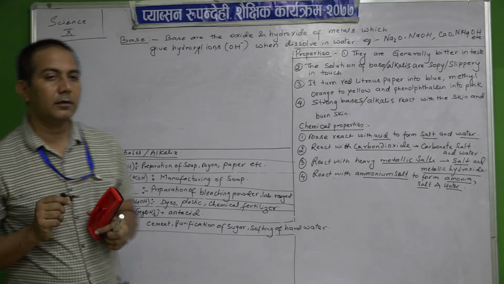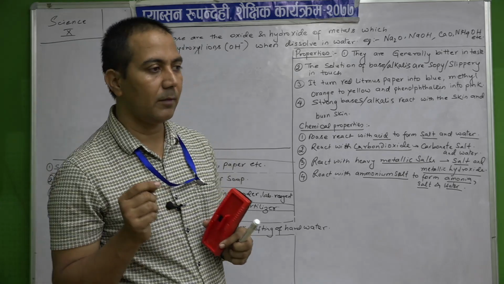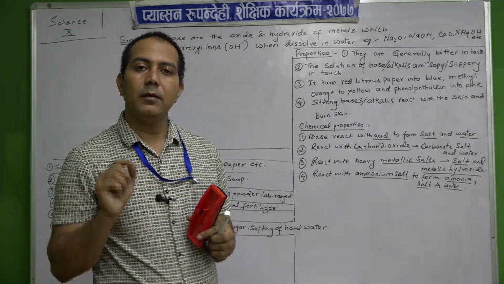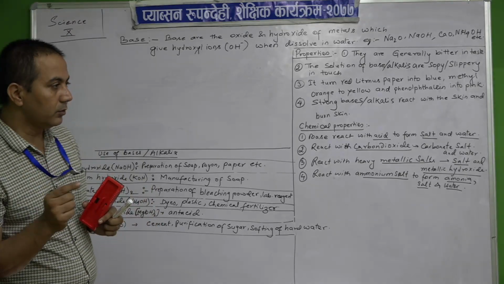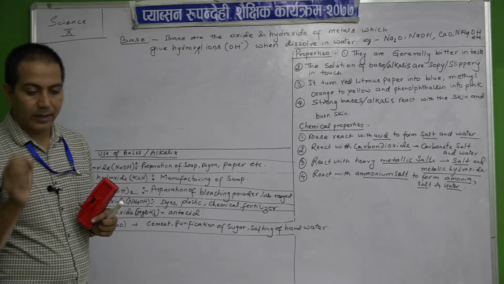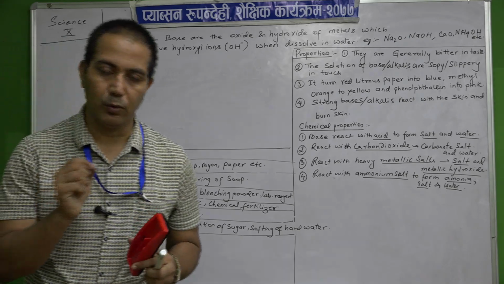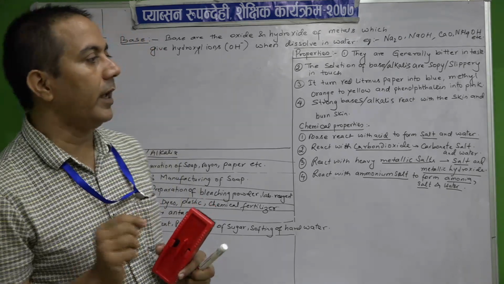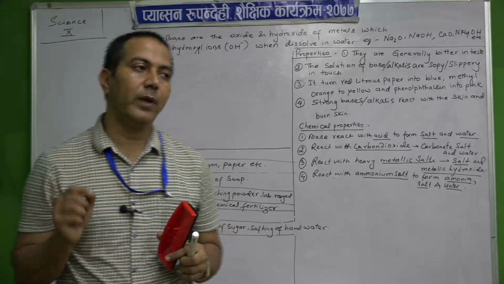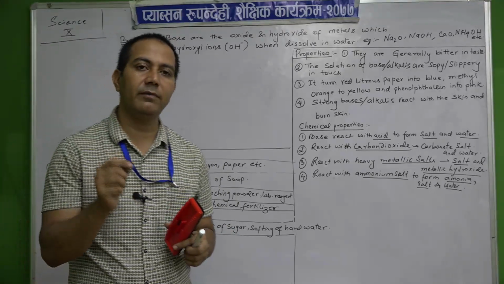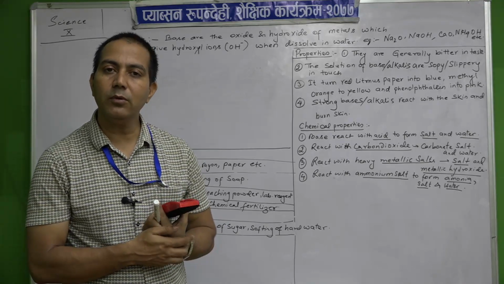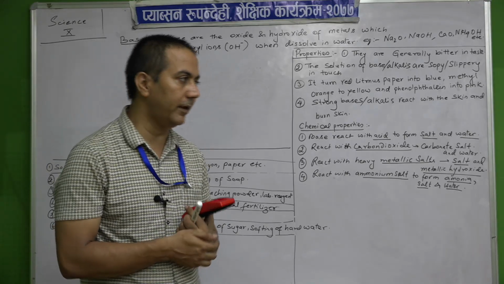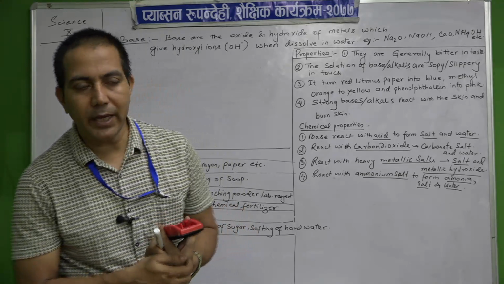Another way to determine a base is by using red litmus paper, which turns blue. We can also use phenolphthalein as an indicator. When phenolphthalein is used to test a base, it turns pink.